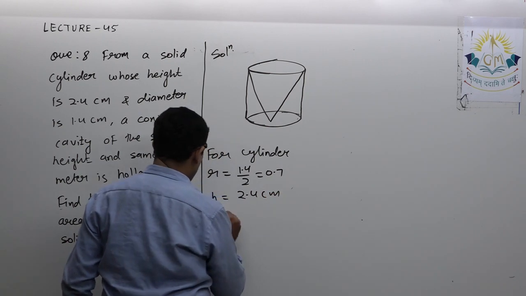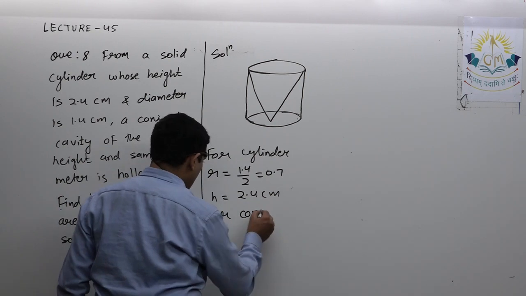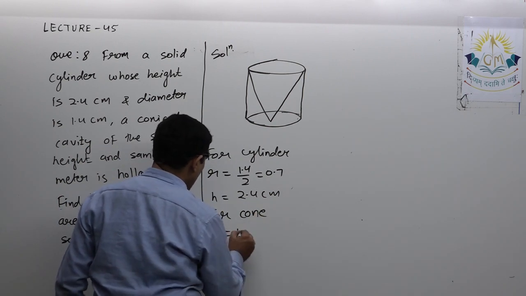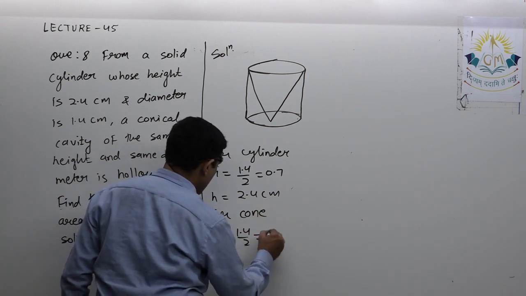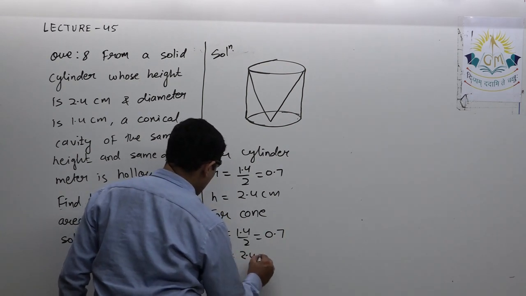Now for the cone, the dimensions are the same. R is equal to 1.4 by 2 centimeter, that is 0.7 centimeter, and H is equal to 2.4 centimeter.